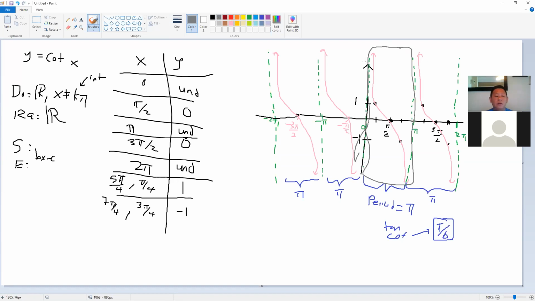If you look at this, the starting point is at 0, the ending point is at pi. So we will take bx minus c equals 0 and equals pi for the starting point and the ending point, and you try to solve for x here. And don't forget, when you solve for x, all these values will be vertical asymptotes, meaning you draw the dashed line.